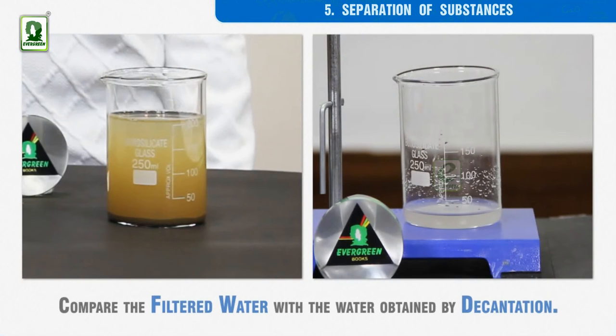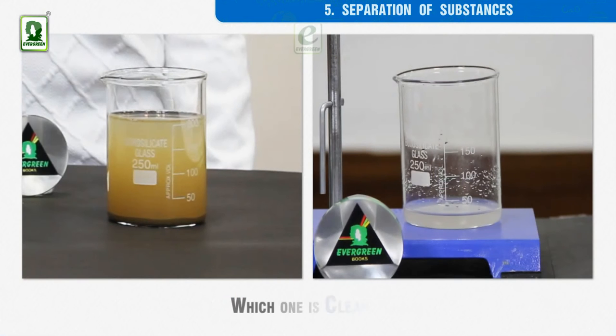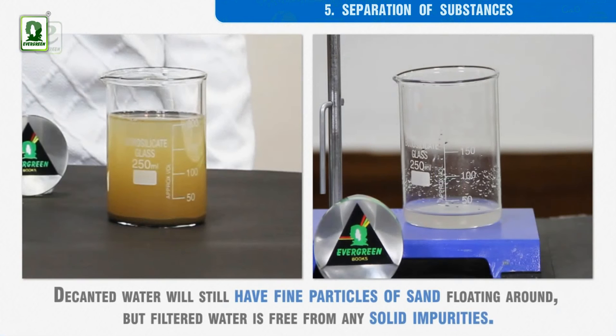Compare the filtered water with the water obtained by decantation. Which one is clear? Decanted water will still have fine particles of sand floating around, but filtered water is free from any solid impurities.